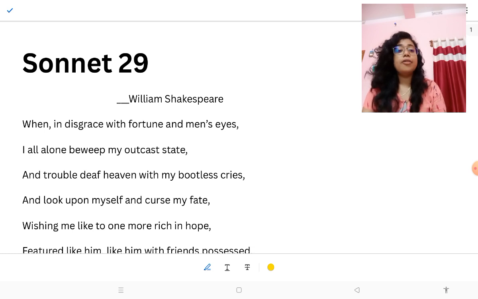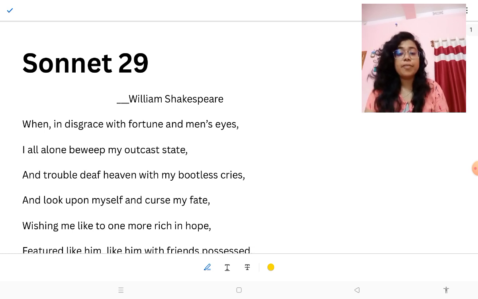Then Petrarch made it famous, and he dedicated his sonnets to his beloved. After that, Thomas Wyatt and Henry Howard took this form to England, and after that Edmund Spenser and Philip Sidney wrote in this form.